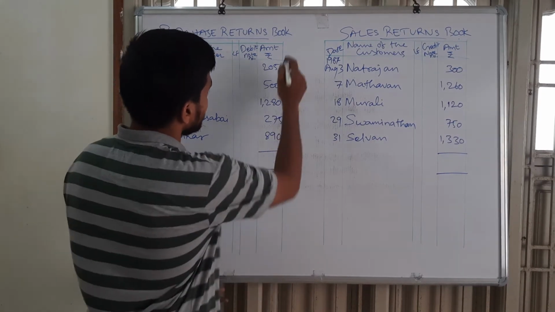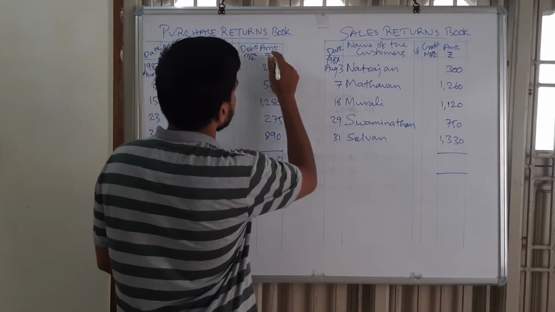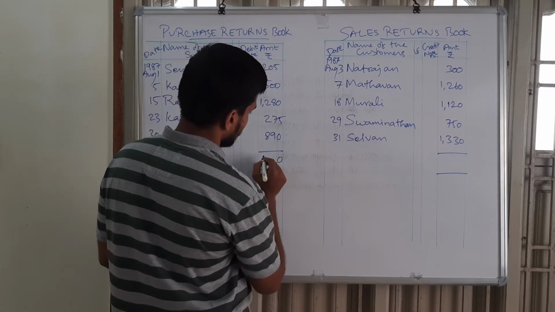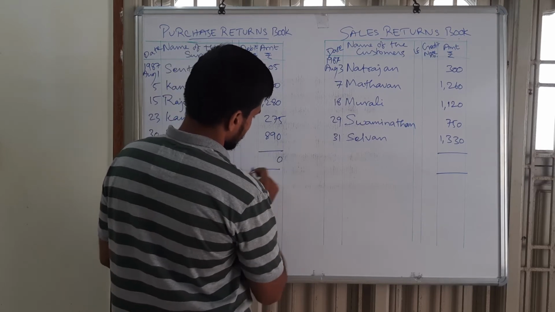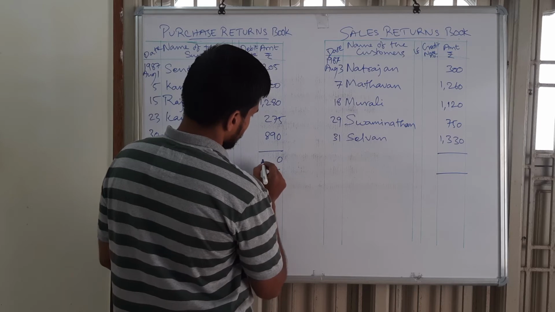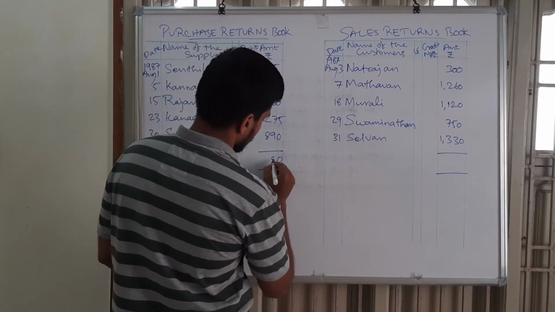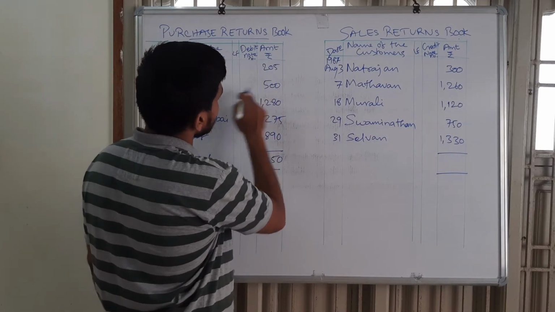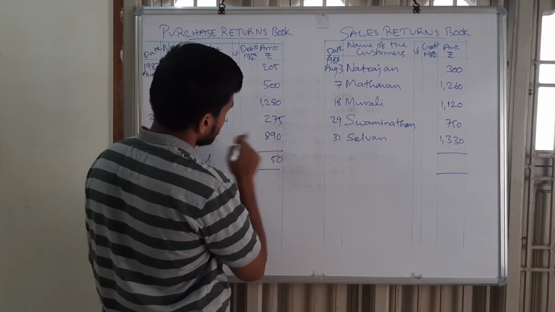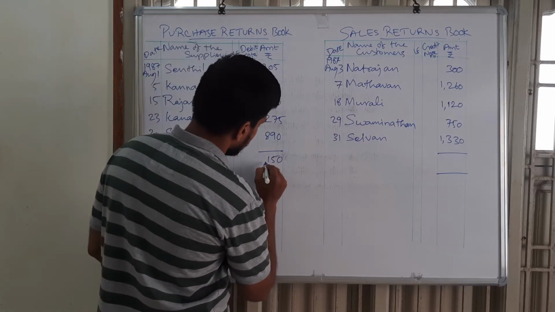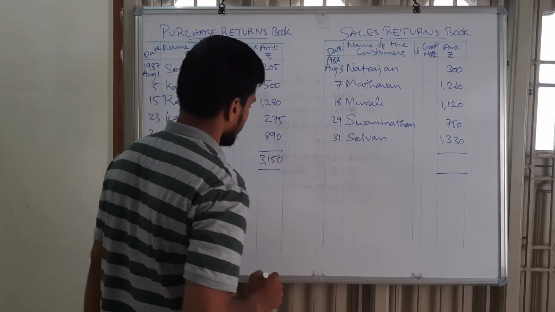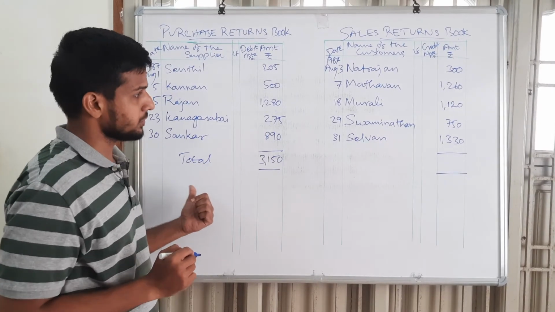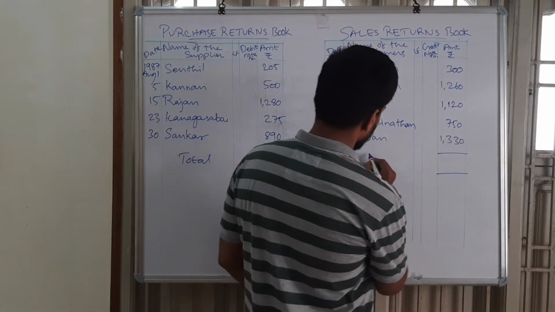Here the total is 5, 10, 0, 9, 16, 16 plus 9, that is 24, 16, 25, then 2, 4, 9, 11, 13, 13, 21, carry 2, 3. Therefore we got the total 3150 for the purchase returns book.